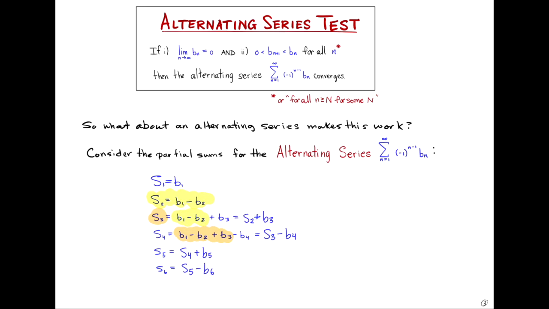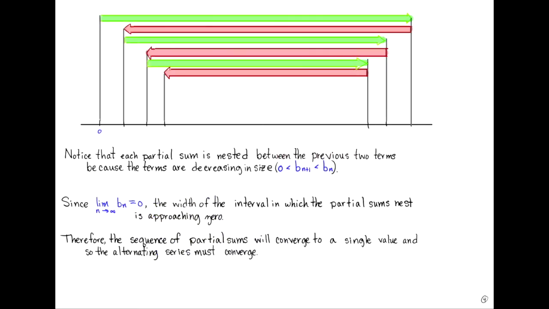Let's look at this geometrically. We start at 0, and the first term of our series is b sub 1. So we add b sub 1, and that gives us s sub 1. To find s sub 2, we start with s sub 1, and we subtract b sub 2.